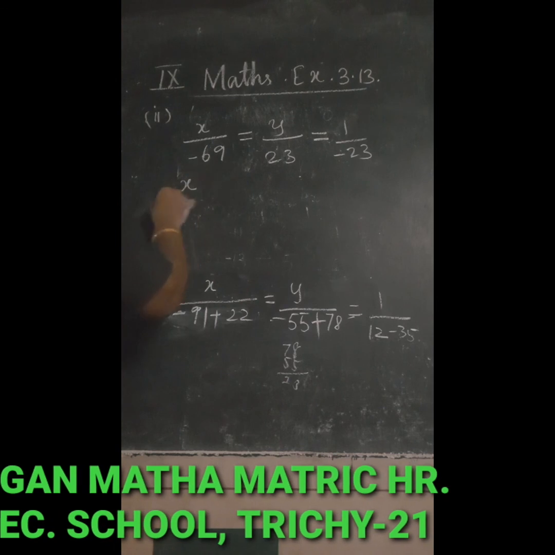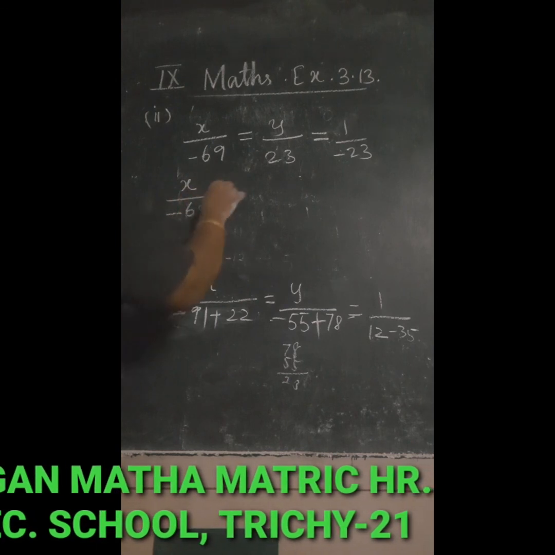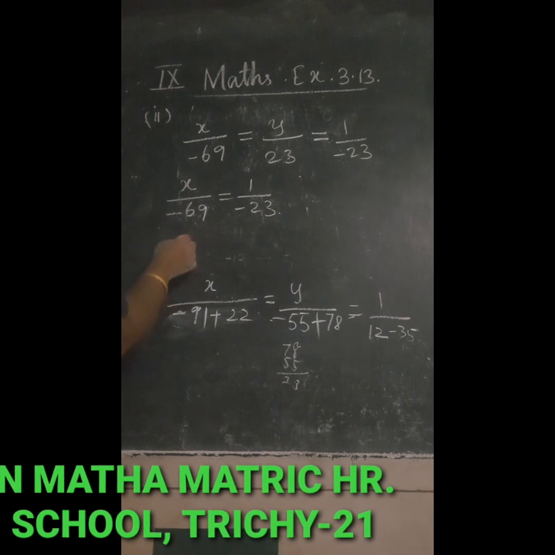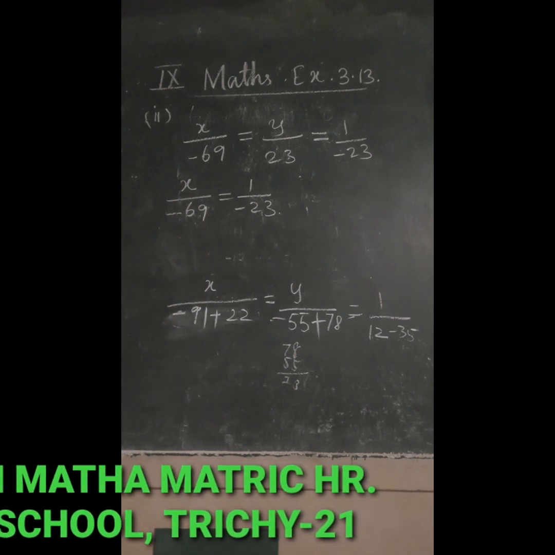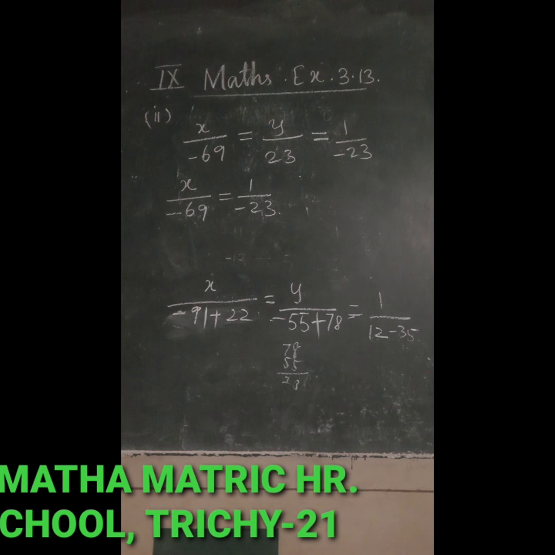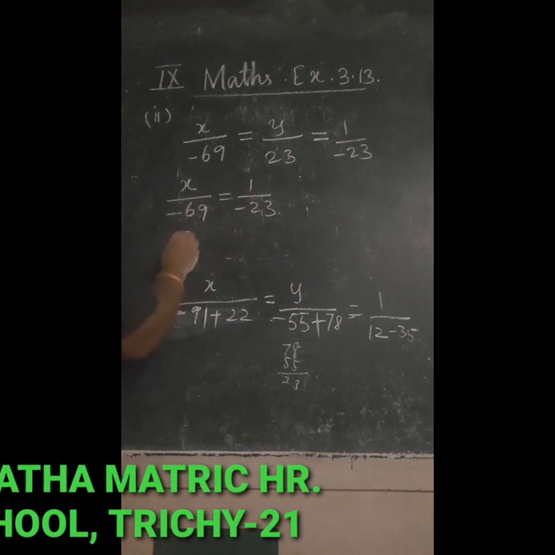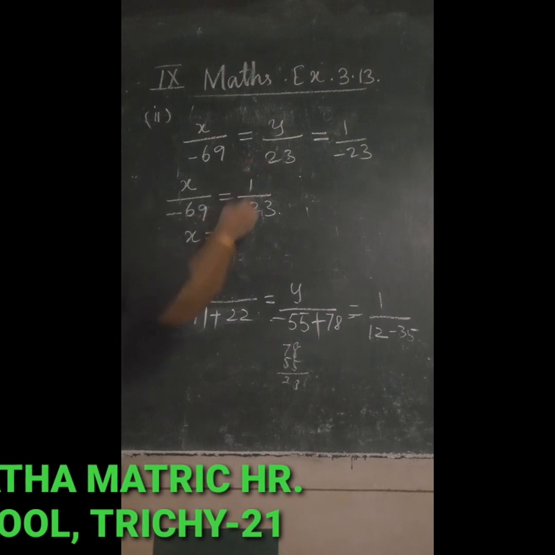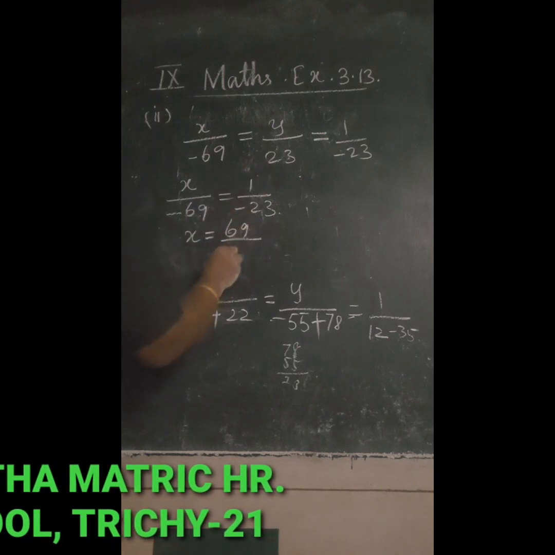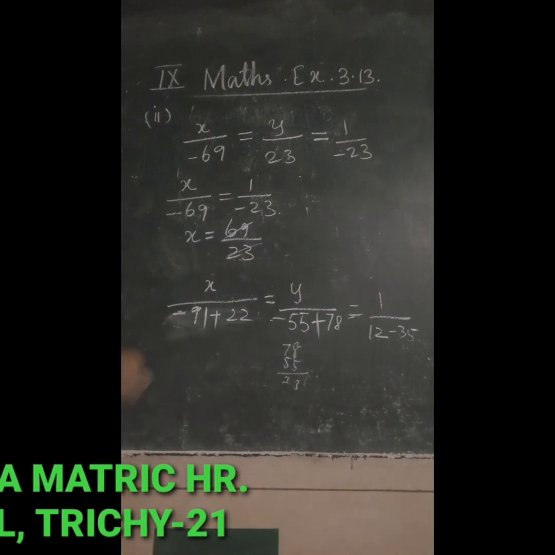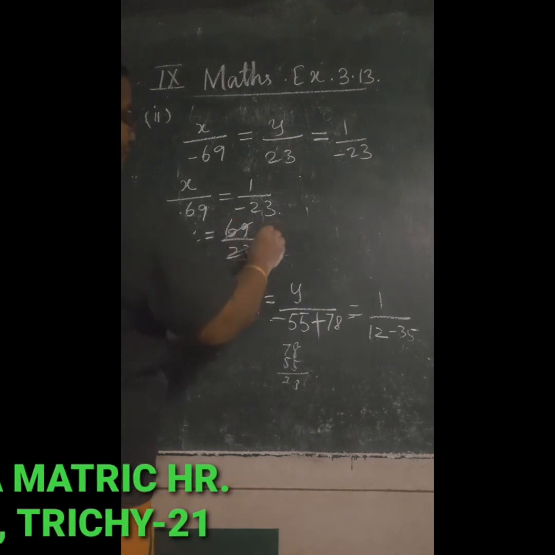Now compare this one: x by minus 69 is equal to 1 by minus 23. Cross multiplication, we will get minus 23x is equal to 69, and the minus signs cancel, so x is equal to 69 divided by 23, which gives 3, since 3 times 23 is 69.